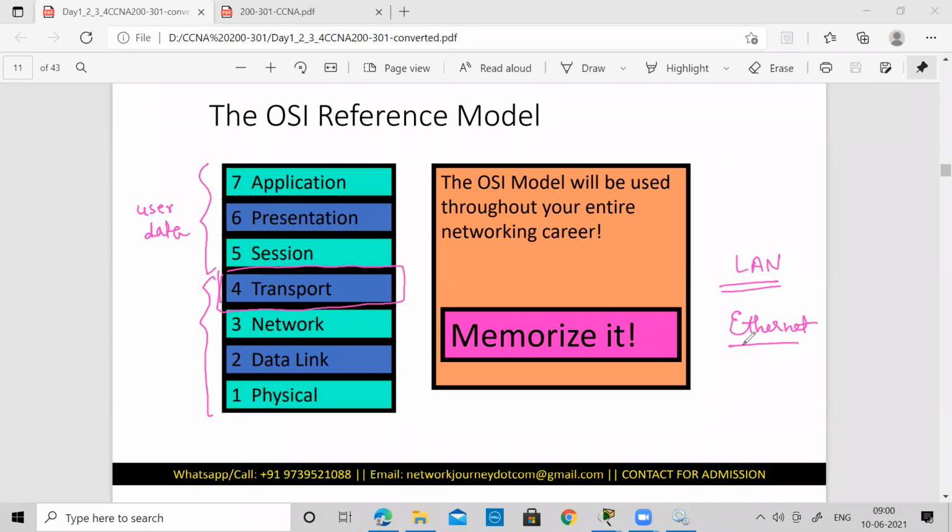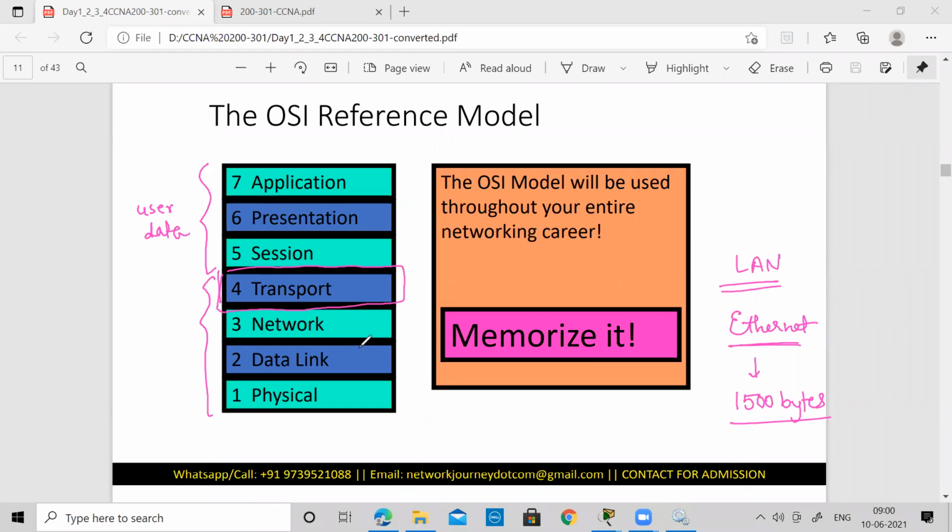We are going to see this technology in detail in further lectures. This technology has a maximum limit of carrying 1500 bytes of data at one go. It cannot carry more than 1500, because each of these layers plays some role and adds its own overhead.